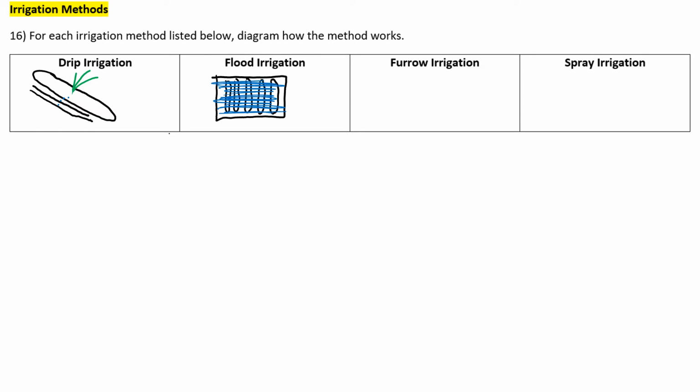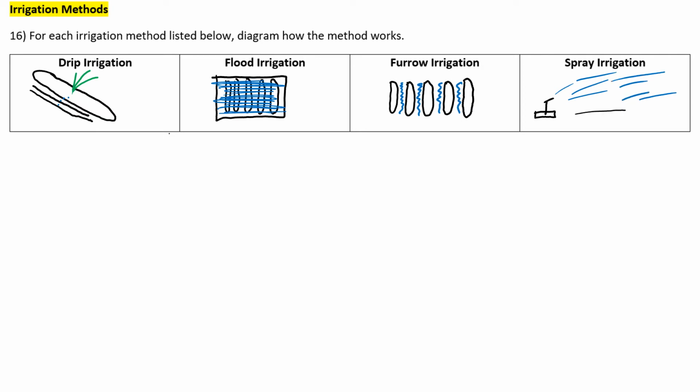Furrow irrigation, very similar. Between that, water is feeding there. With spray irrigation, I have a sprinkler system, and that sprinkler system distributes the water over the entire field.